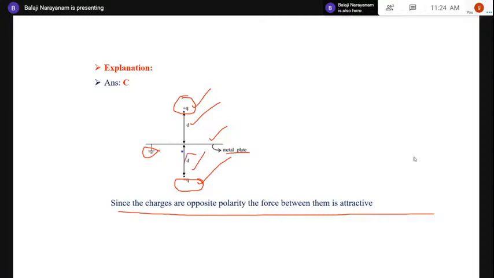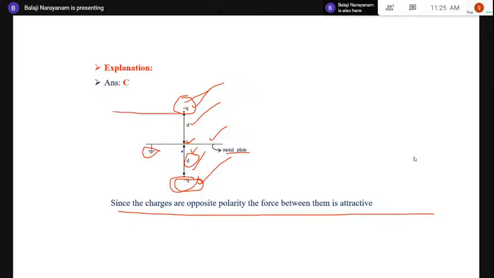The distance of separation is d from the origin to the charge having plus Q, and the minus Q charge is again located at a distance d.